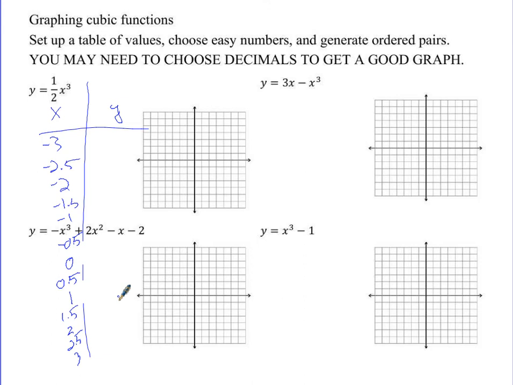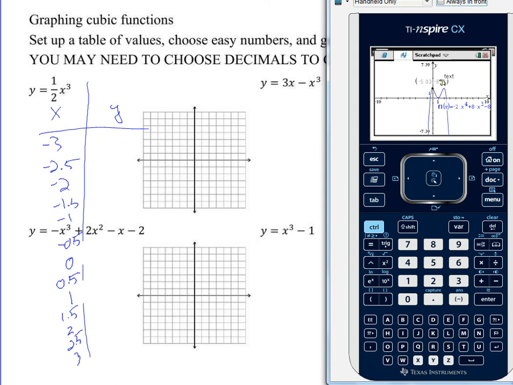What you're going to do instead is use your calculator, not to make the graph, but to get the points. So on your calculator, let's get rid of this function here, and let's go ahead and enter in 1/2 x to the third.